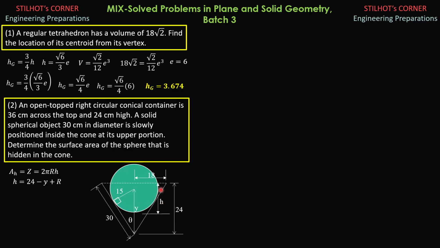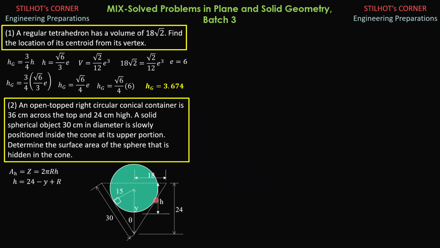H, by the way, is equal to the height of the cone, 24, minus y, this y here. So that's the distance from this top surface of the cone to the centroid of the sphere. Then we add the radius of the sphere, so that's the h.